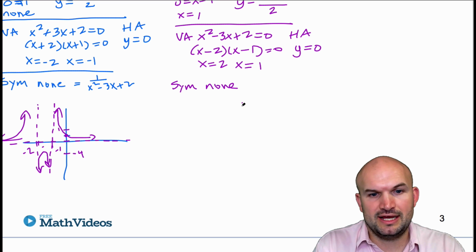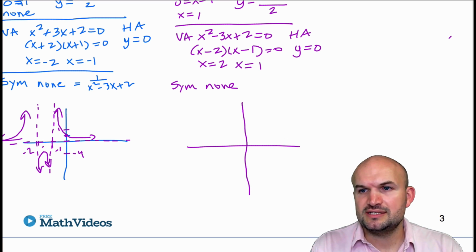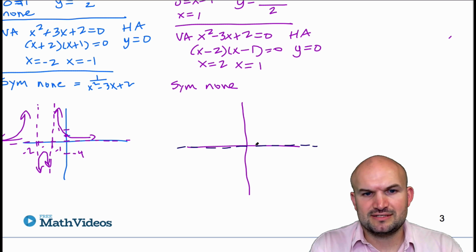So let's go ahead and graph what we have here. In this case, we have a horizontal asymptote at y equals 0. We have a vertical asymptote at 1, and a vertical asymptote at 2.